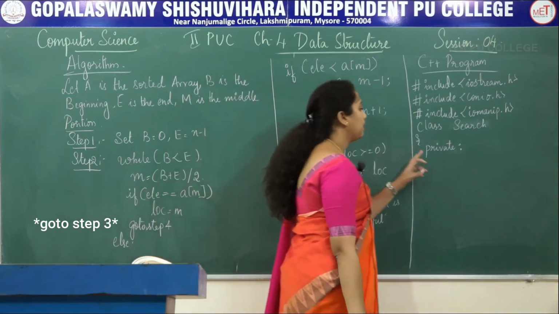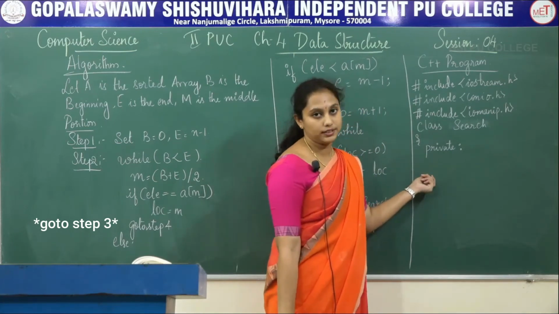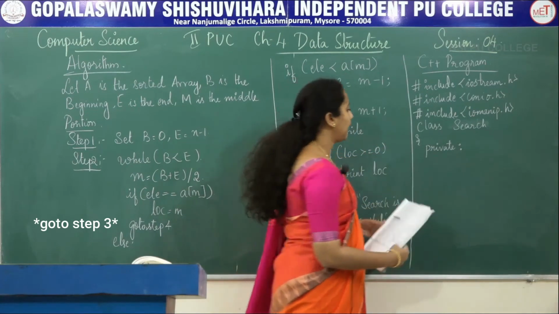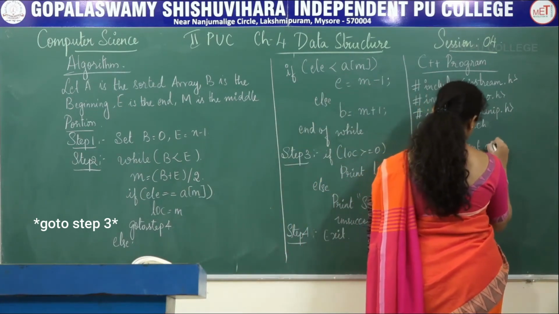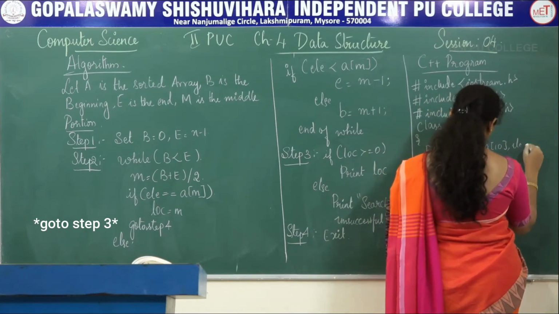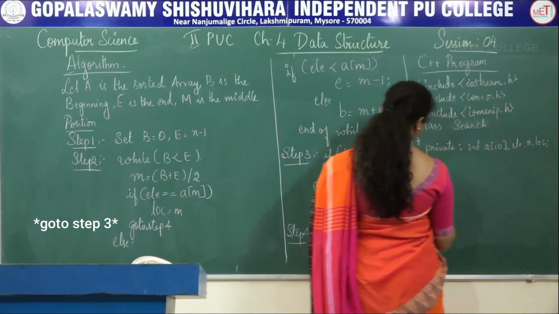While writing private and public, the first letter should be a small letter. Private: int A of 10, that is the sorted array, element, n and location.